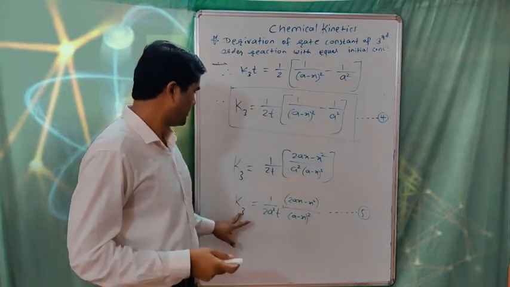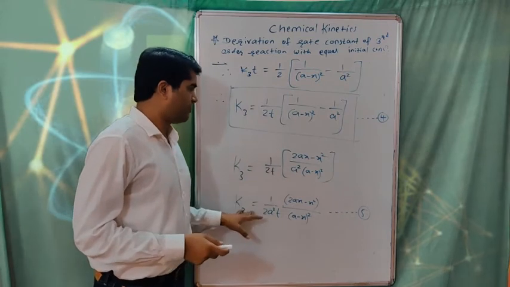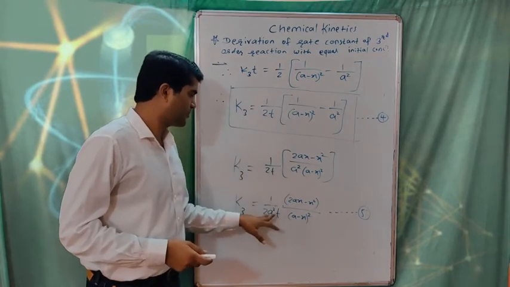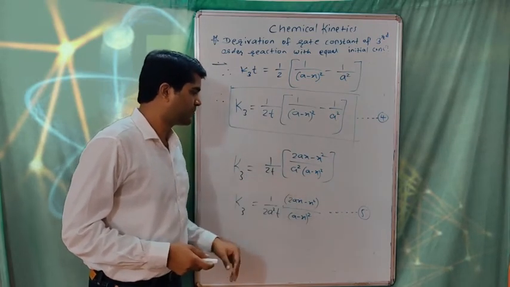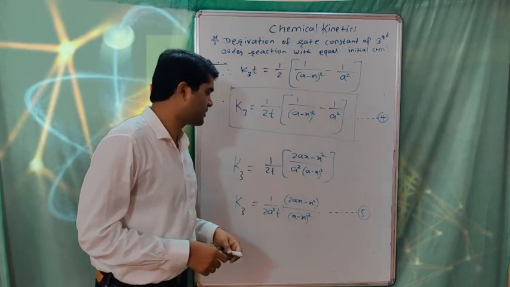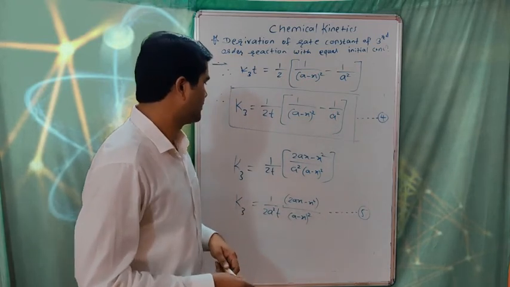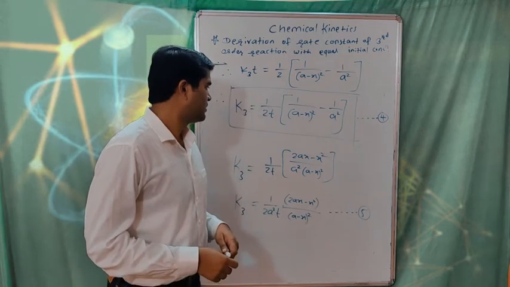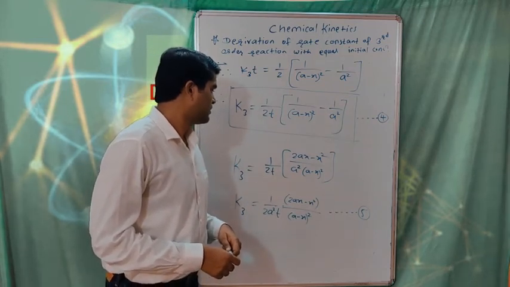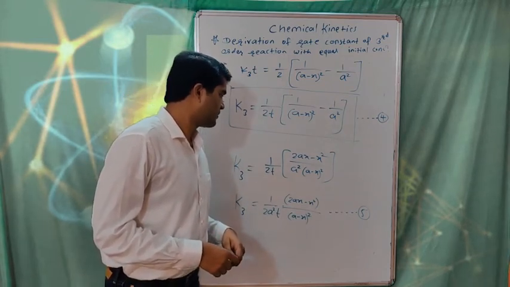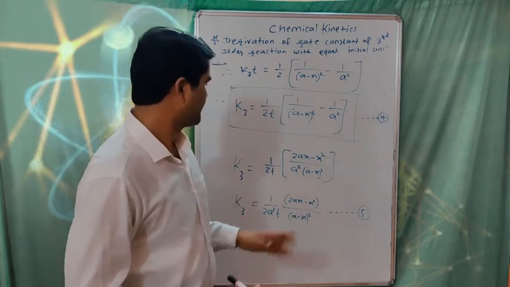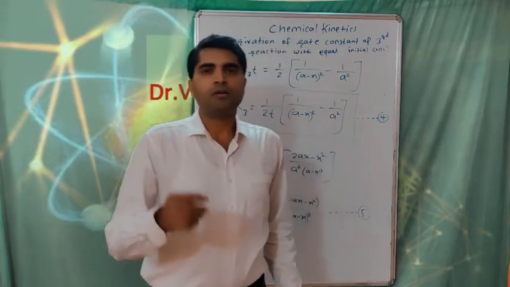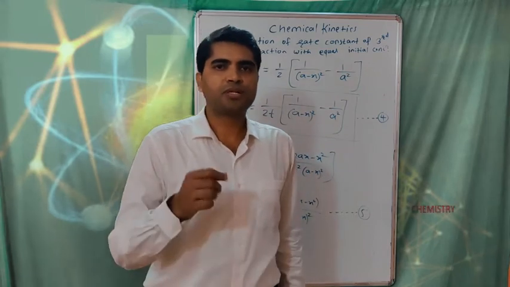And another form: k3 is equal to 1 upon 2a square t in bracket 2ax minus x square upon (a minus x) bracket square. So this way we can derive the equation of third order reaction.